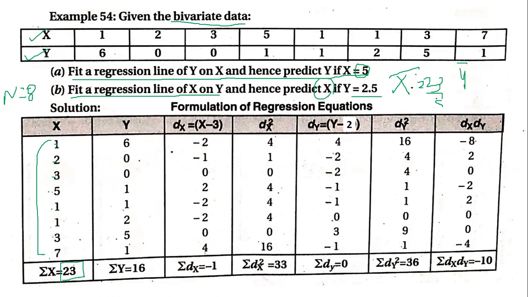What is the answer you get? 2.87. Is that the right answer? 2.875. Okay, correct. So you get 2.875. So x bar is 2.87 or 2.875, you can consider.